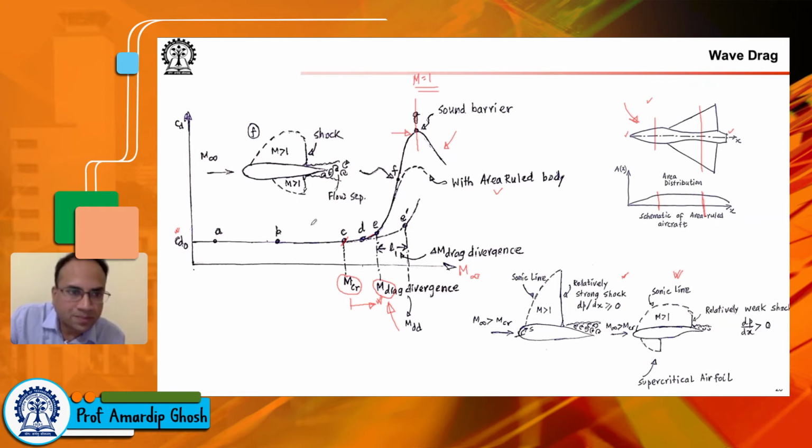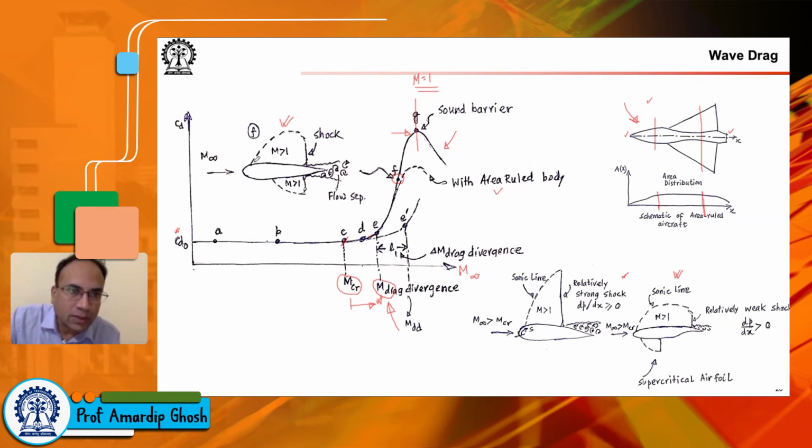or rather M equal to 1 condition. So once again, as you see here in the inset, we show the flow field around a point F, on the rising curve of the CD. So how does the flow state look at a point or flow Mach number that is above the drag divergence Mach number, where your CD is increasing rapidly and almost unboundedly?